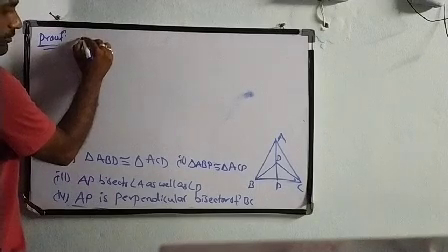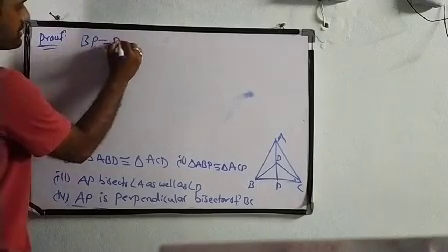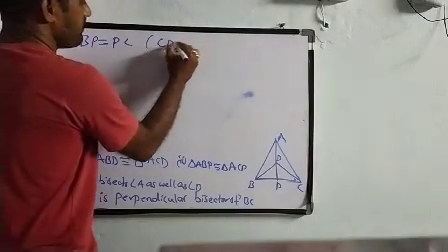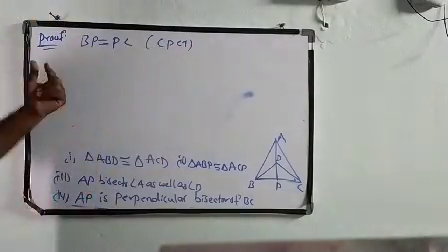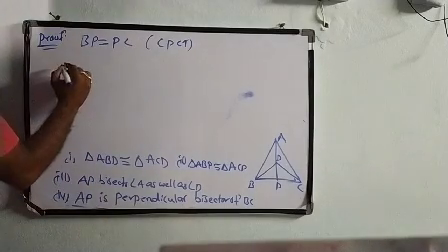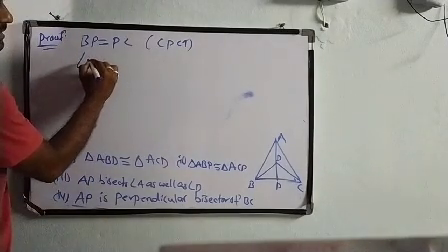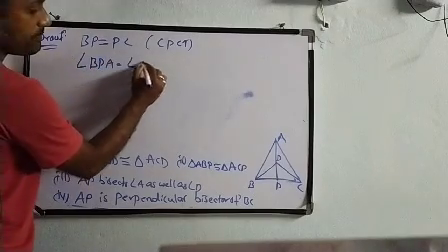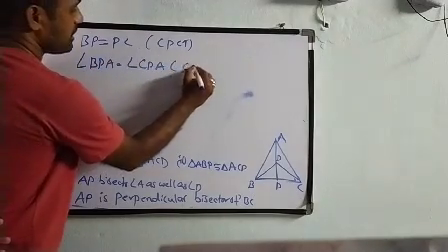Here we need to show that AP is perpendicular bisector of BC. So we have BP equals PC, which is by CPCT, proved from the above proofs. Now if you observe, angle BPA equals angle CPA. This is also by CPCT.